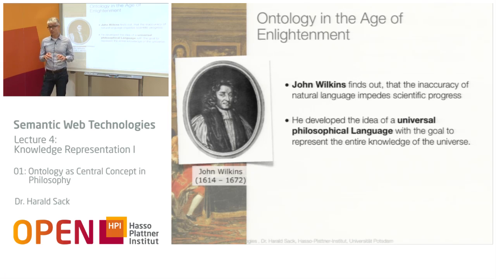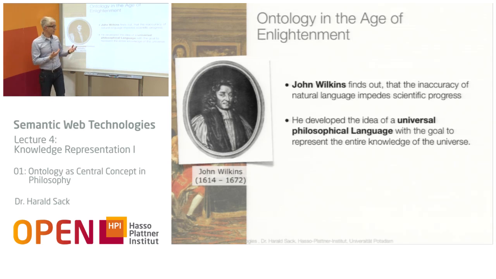And he said, in general, the human language is not unique. It means a certain word has multiple meanings. So there is lots of ambiguity, and because of this ambiguity, scientific progress is slowed down, and in the end it becomes impossible because people do not understand each other.